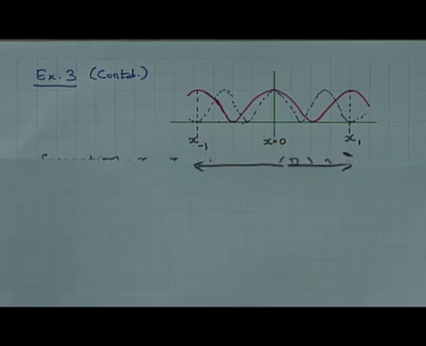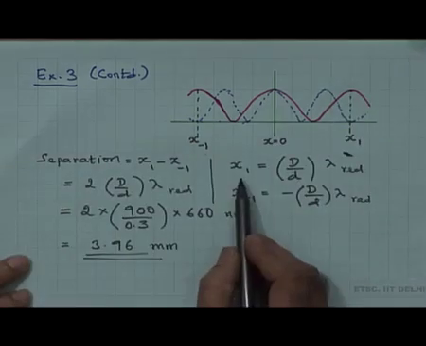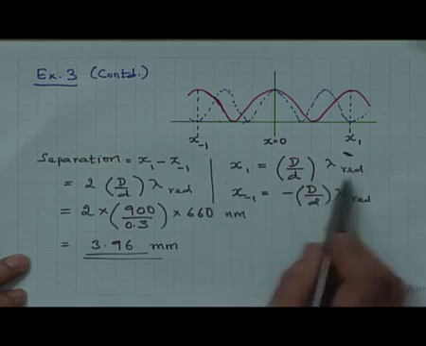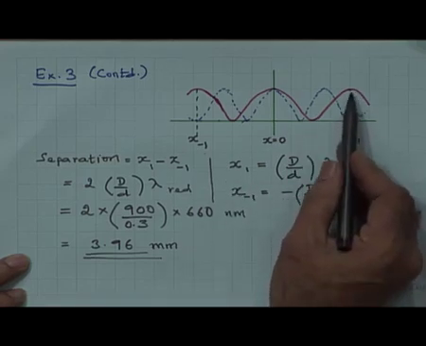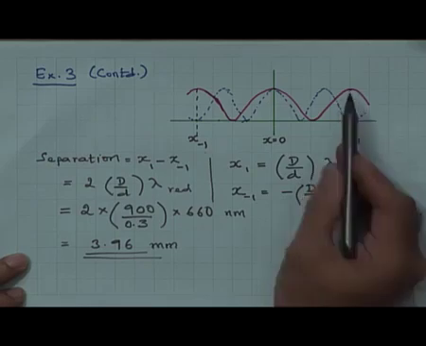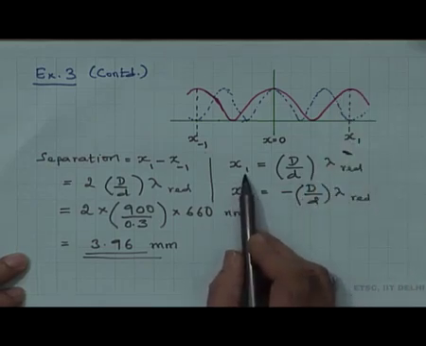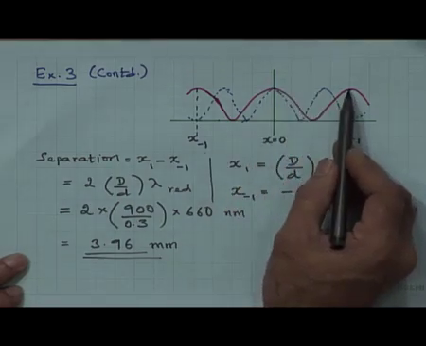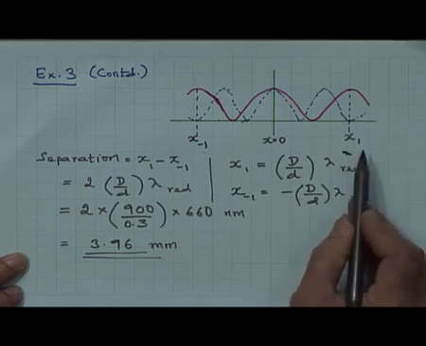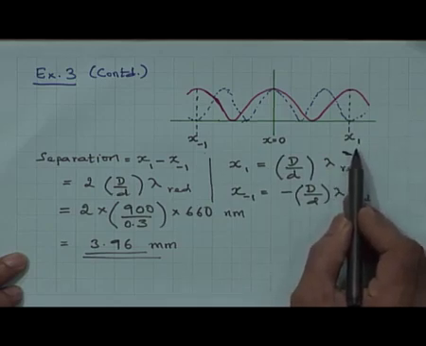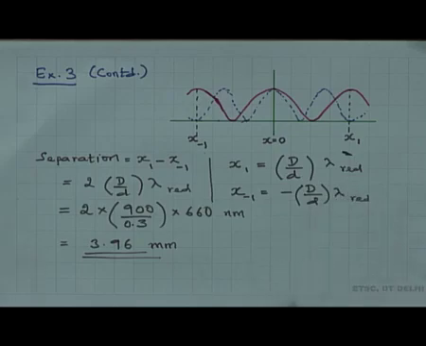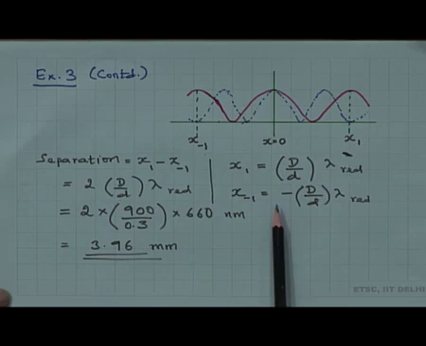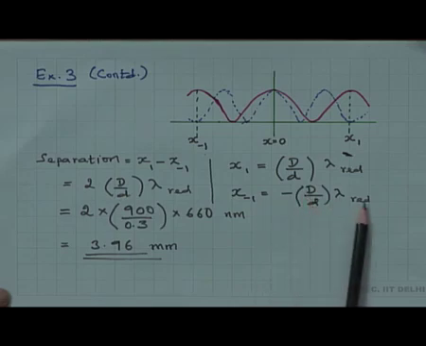Therefore, let us calculate x1. We have already seen this: x1, the first maxima due to red color, is given by D by d into lambda red, with 1 standing for the first maxima. This is n equal to 0, the central maxima, and n equal to 1 maxima, and therefore x1 is given by this, and x minus 1, that is on the other side, is given by minus D by d into lambda red.